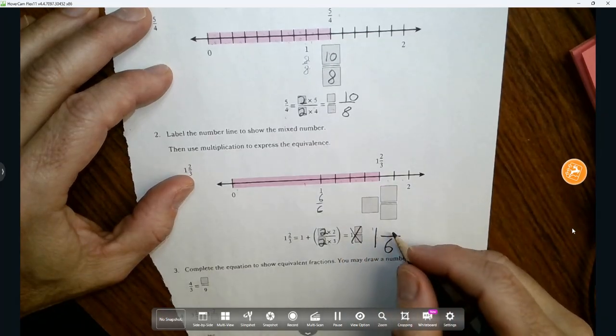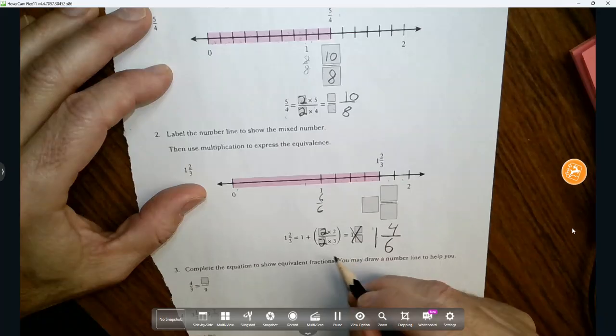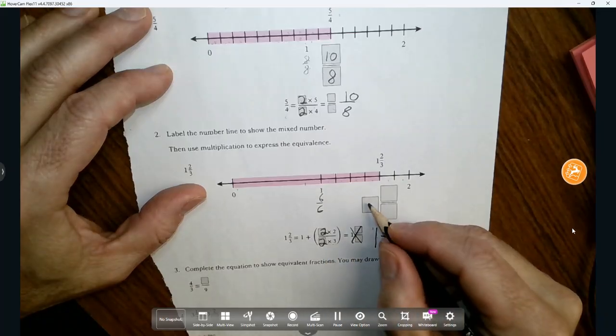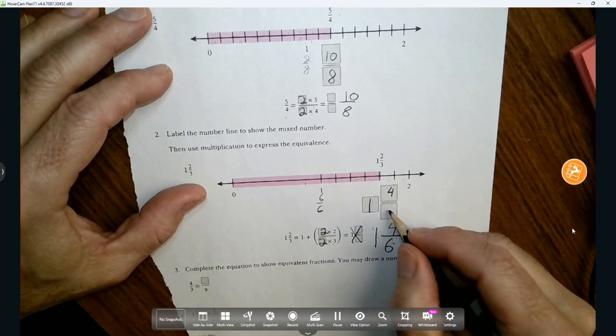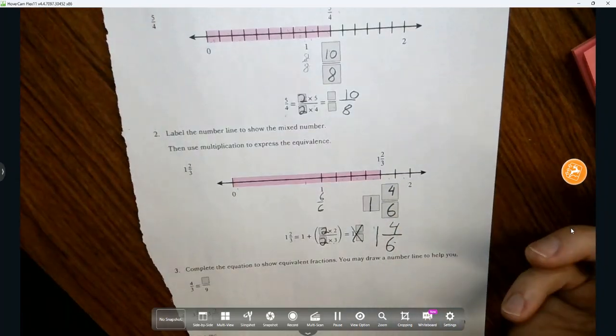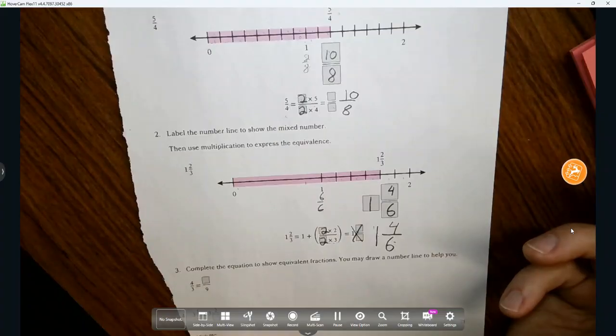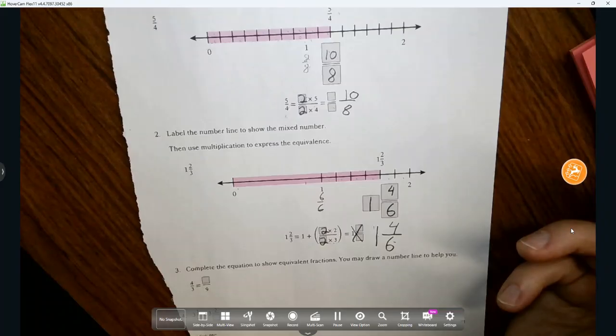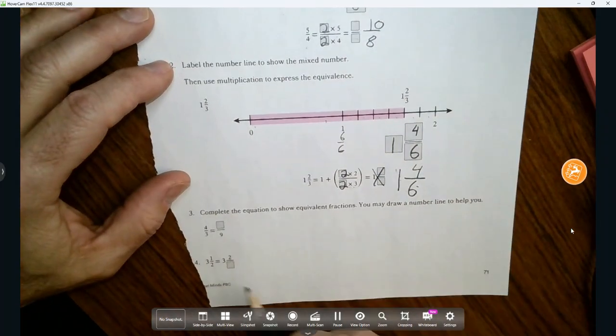So 2 times 2 is 4, and 2 times 3 is 6. So this would be 1 and 4 sixths. Does that make sense to you? Makes great sense to me. So 1 and 4 sixths is the same as 1 and 2/3. All right, good job on that.